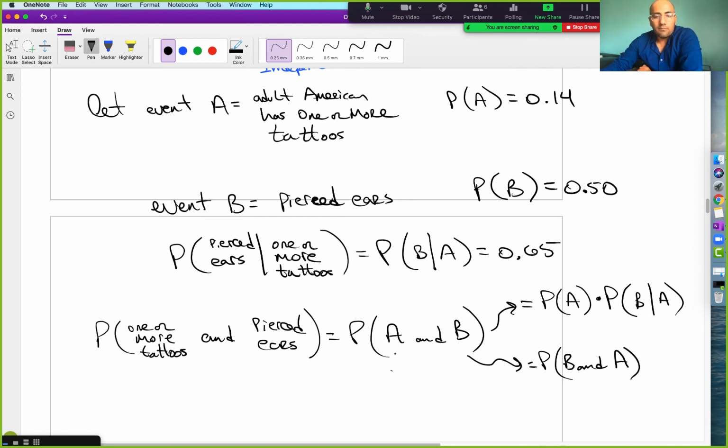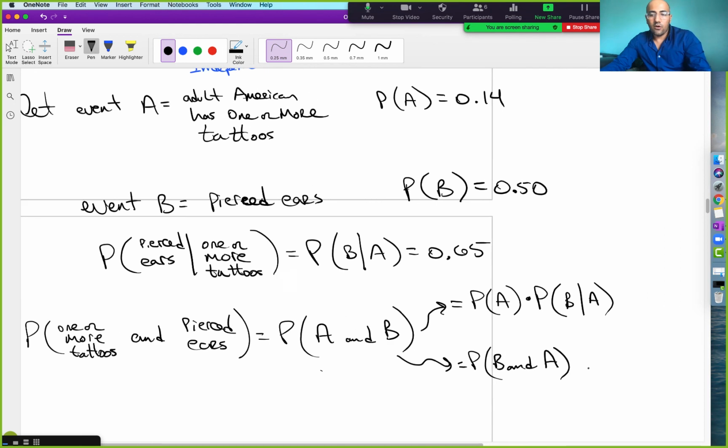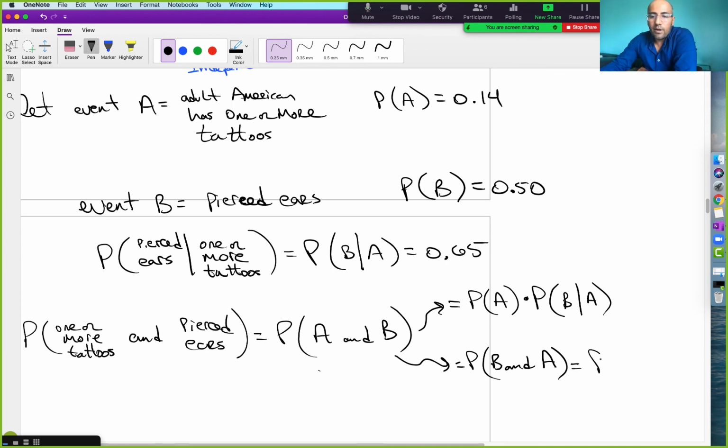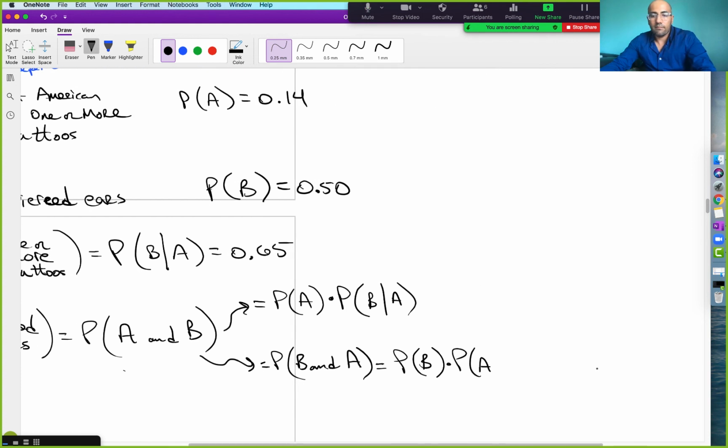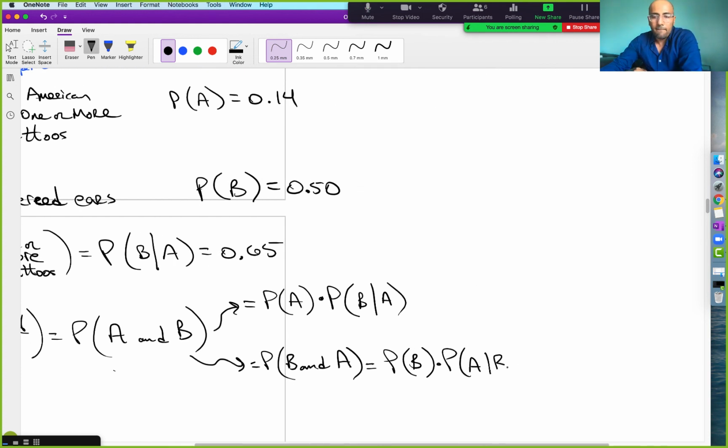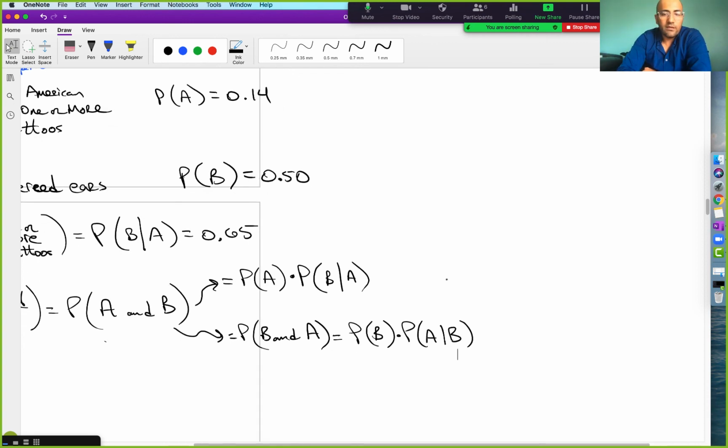One or more tattoos and pierced ears is the same thing as pierced ears and one or more tattoos. So that order does not matter, which means that I can also rewrite this as the probability of B times the probability of A given B. So there's two ways to write down that formula.